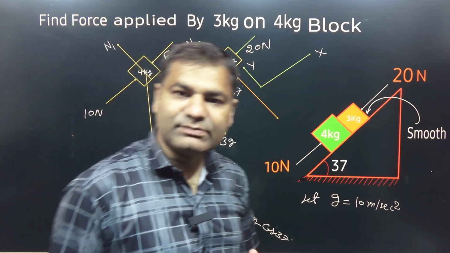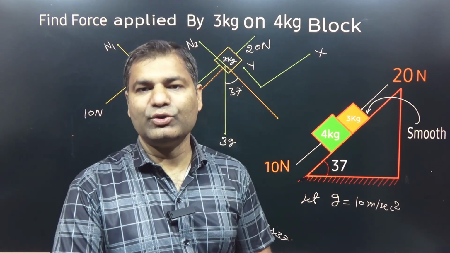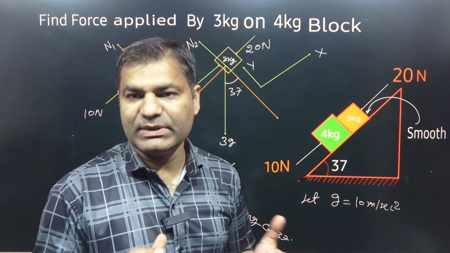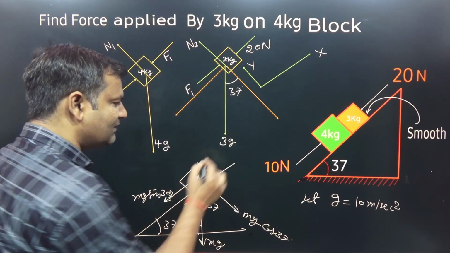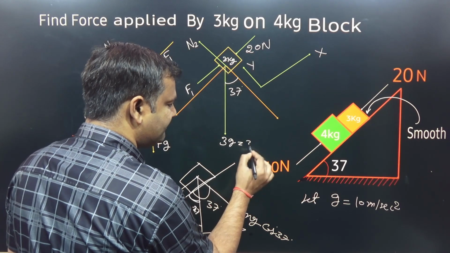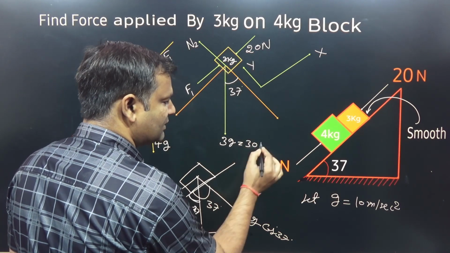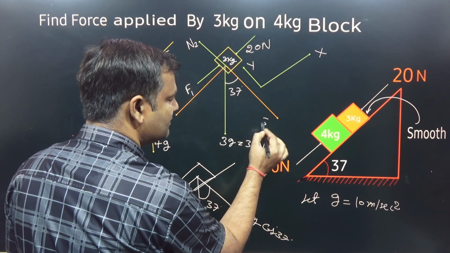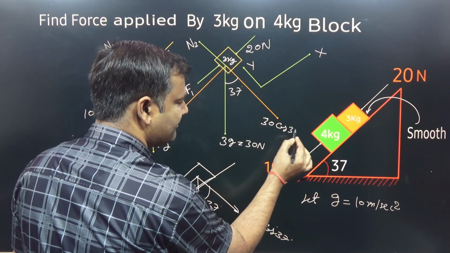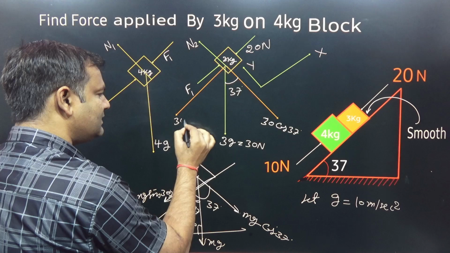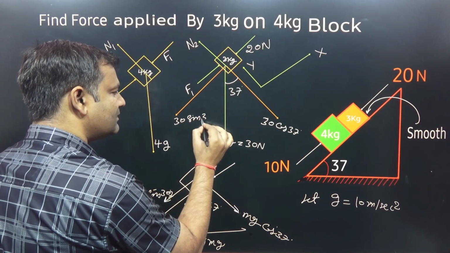But here, for mathematical simplicity, I have taken g equal to 10 meter per second square. So what about that value? 3 into g, 3 into 10 is how much? 30 Newton. So here 30 cos 37 and here 30 sin 37.